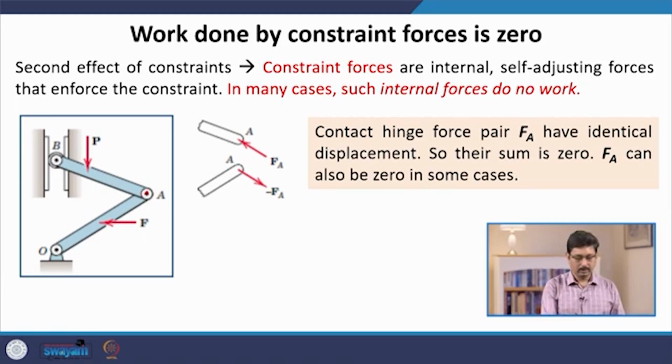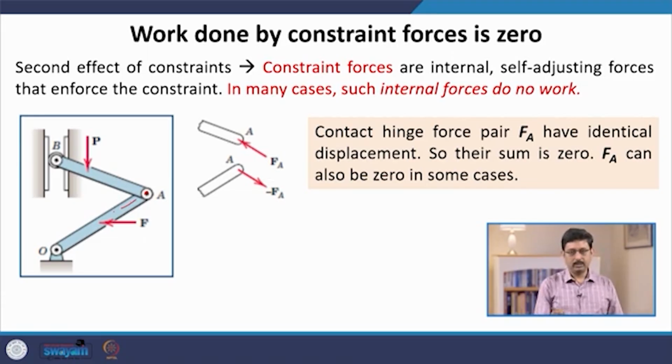Now, the third constraint force, at the third interaction between our system, which is OAB, and our surrounding, which is this hinge A, is the contact force at the hinge A. This one may be slightly difficult to visualize, but there is a contact force pair that acts between the two rods, and this is maybe an internal force.